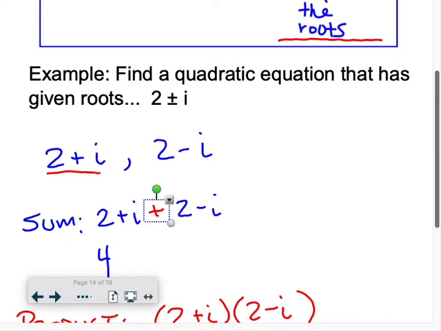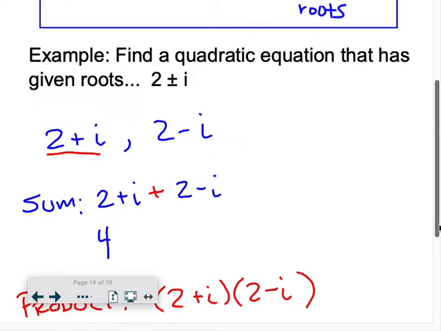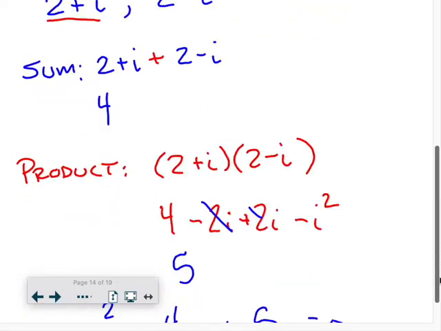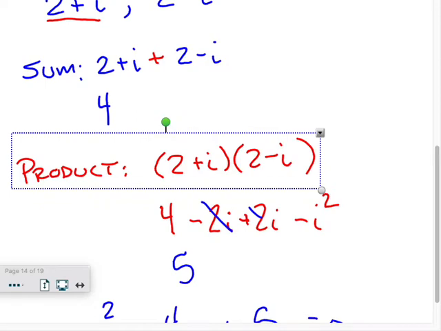We're going to add them together, and that gives us 4, okay? That is going to go right here, where the sum of the roots goes, right? And then the product, we multiply them together, so that's a binomial multiplication for the roots here, right? So you distribute, FOIL, whatever you call it, but you're going to multiply every term in the first binomial to every term in the second.